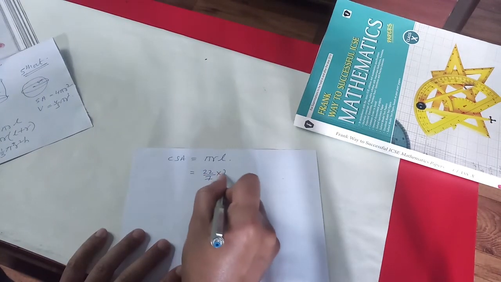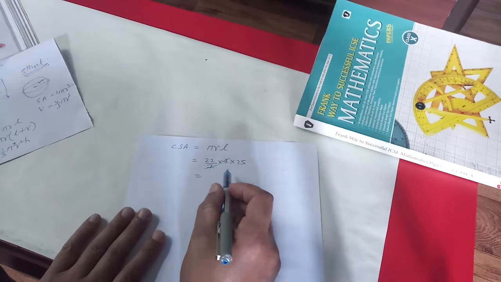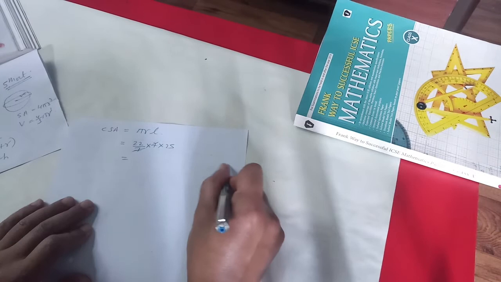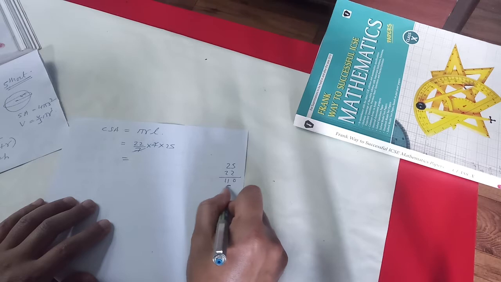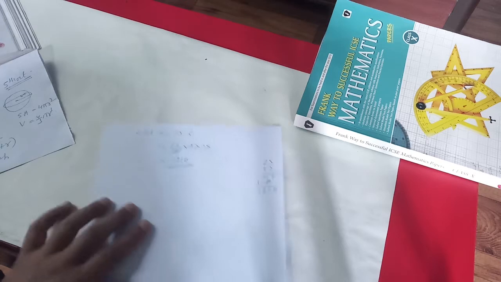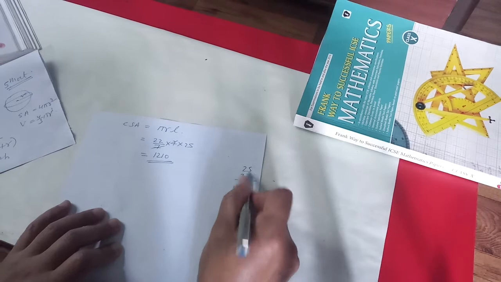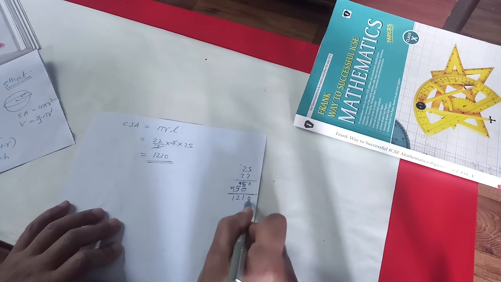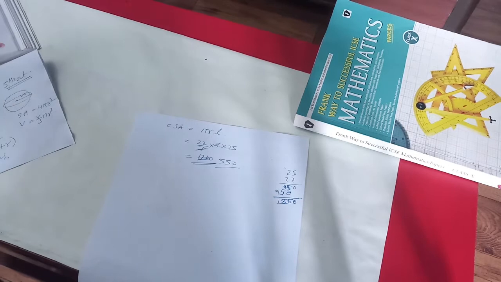22 by 7, radius is 7, into 25. 7 and 7 cancel. 22 into 25 you multiply and get the answer. 2 5s are 10, 2 2s are 4.